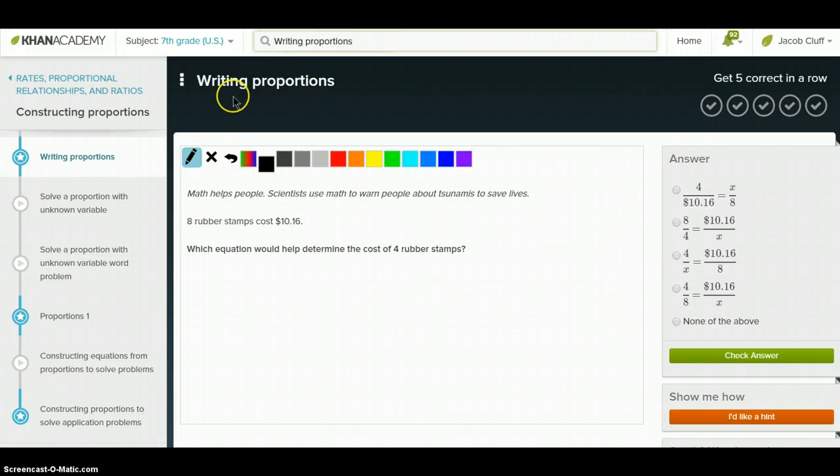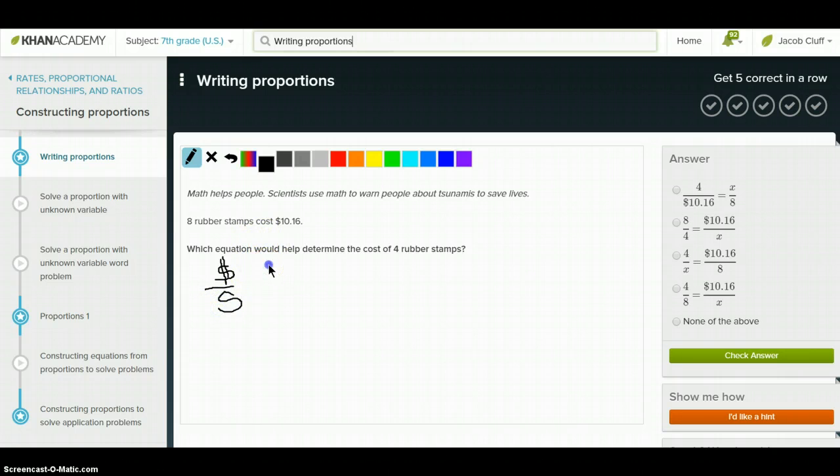So in this video we're going to talk about writing proportions. So we're given that 8 rubber stamps cost $10.16. So what we can do is we can set up a proportion, and we can say, let's just say the cost per stamp, so that would be dollars over stamps.